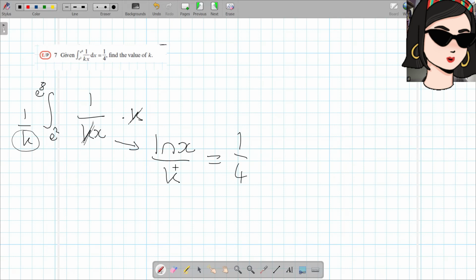We have e to the 8 and then e squared. Can I take the k to this side before I apply the limits? Yes, you can take the k to the other side.